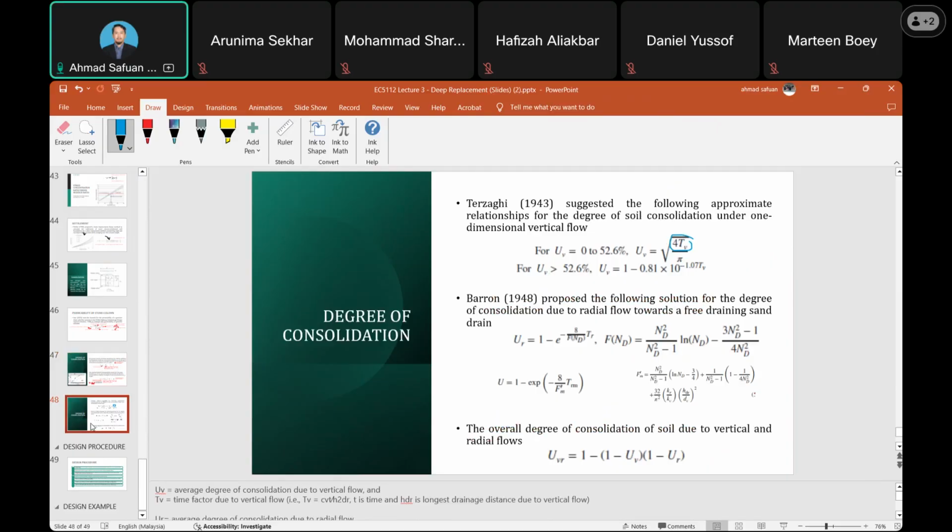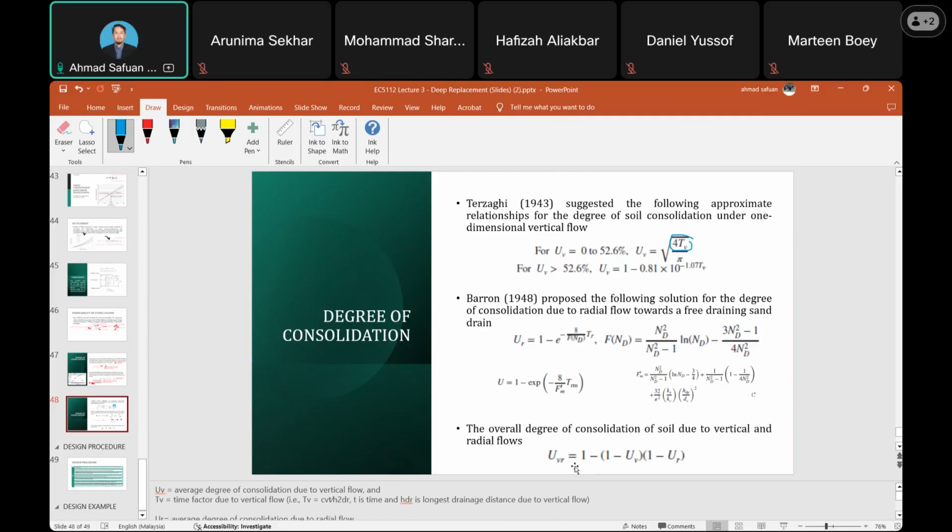So once we obtain the UR and UV, we can get the UVR. The UVR is the overall degree of consolidation of soil due to vertical and radial flow. So that is the final product of the degree of consolidation, based on the stone column installation.